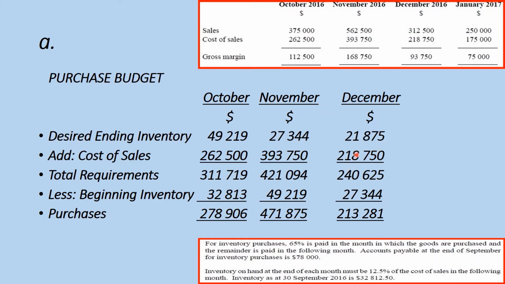We add on the 218,750 from December, get the total requirement, and then we minus the opening inventory and we get the purchases for December. So that's it for your purchases budget. Remember, you must know the formula here. So memorize it. It may come in your exam.